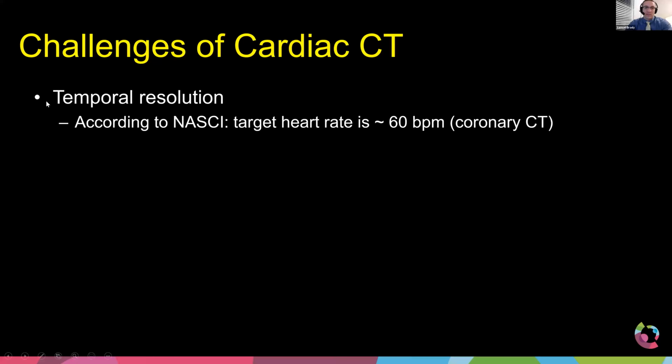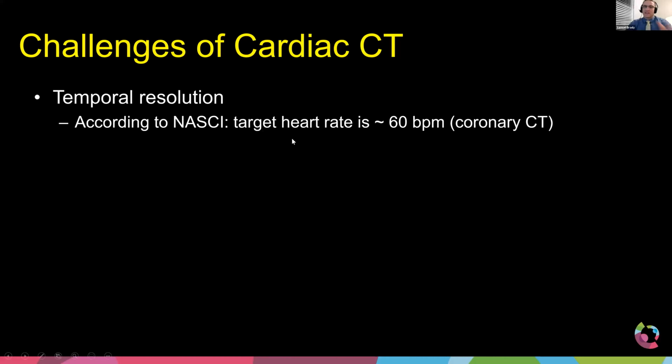Okay, so let's talk, for example, speed. This is obviously the hardest thing to do. When you are imaging a moving target, you have to move faster than that target, or you will have motion blur. It's simple. Here in the US, we have the North American Society of Cardiovascular Imaging, or the NASCI.